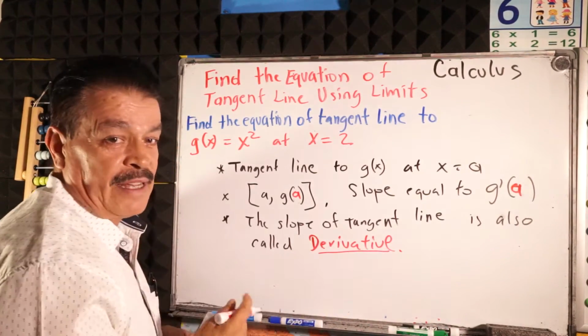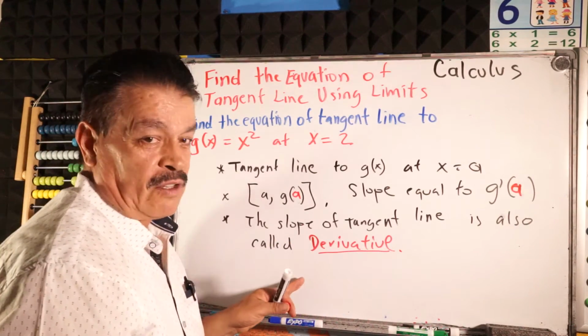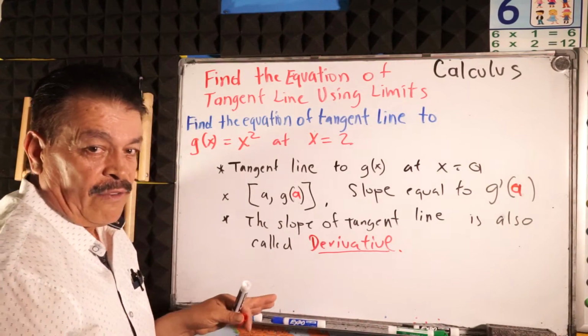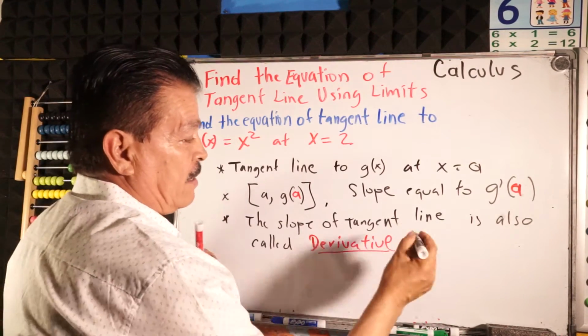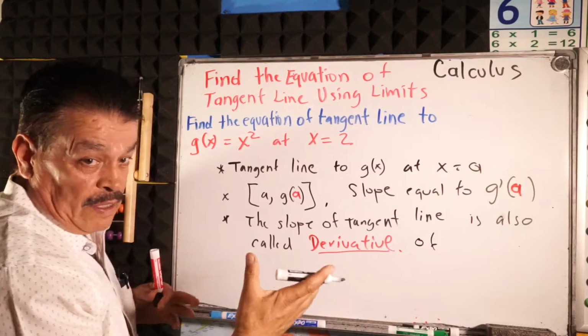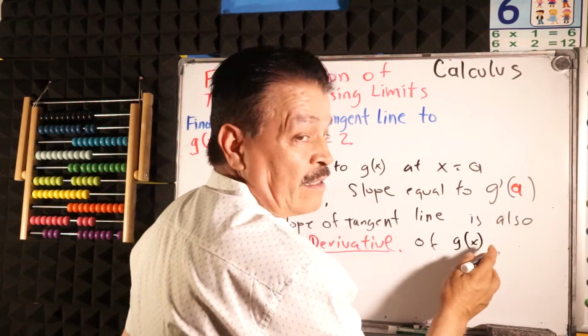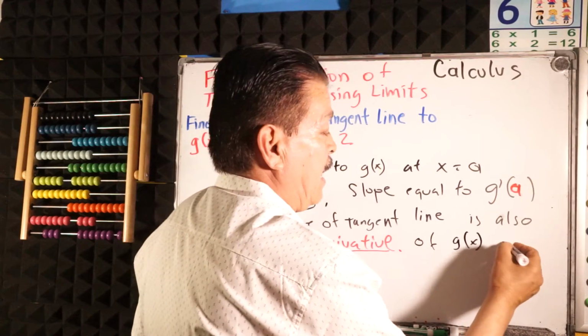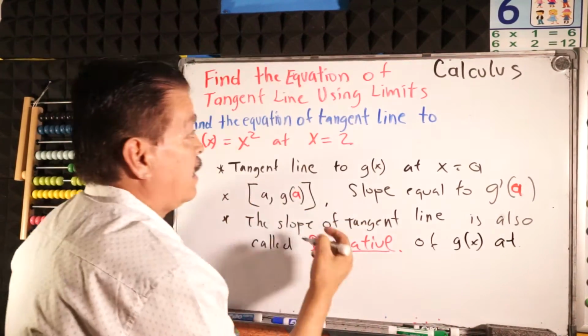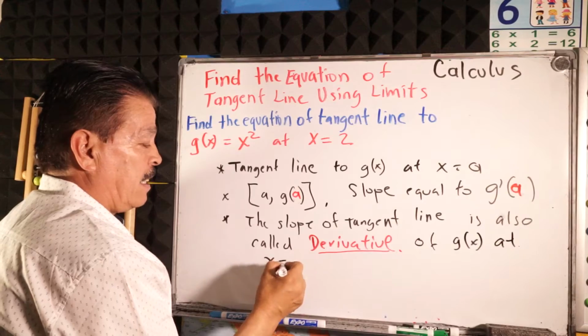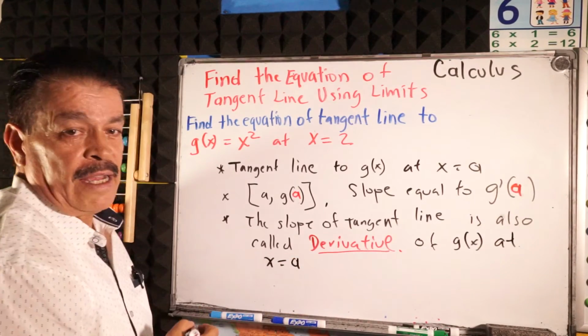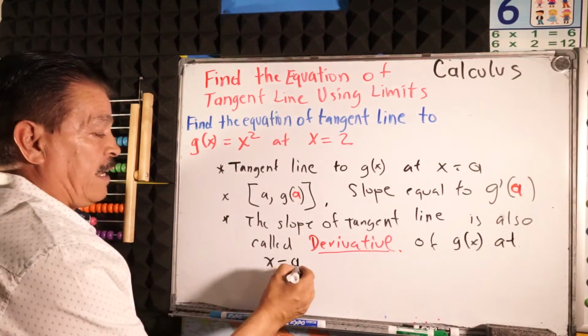This is a very, very important concept, in this case of g of x at x equals a.